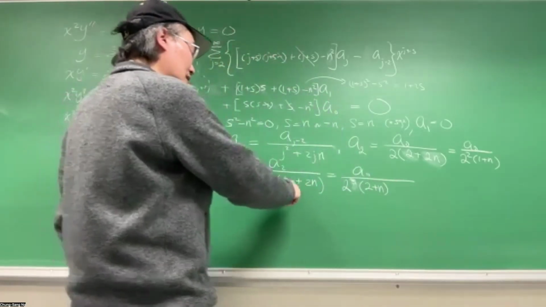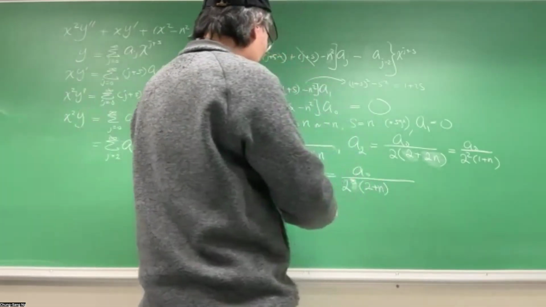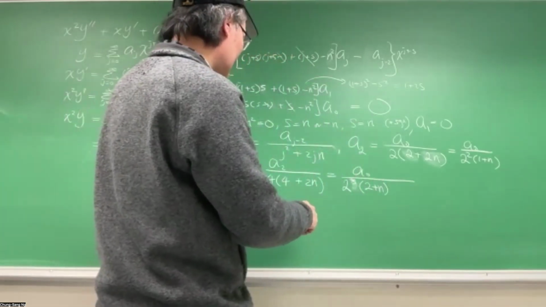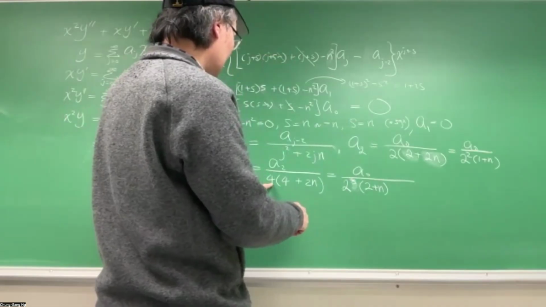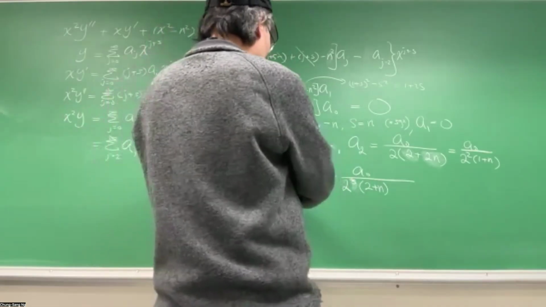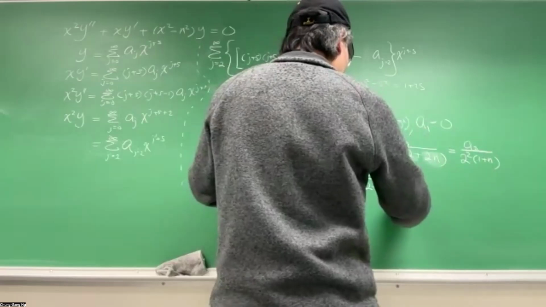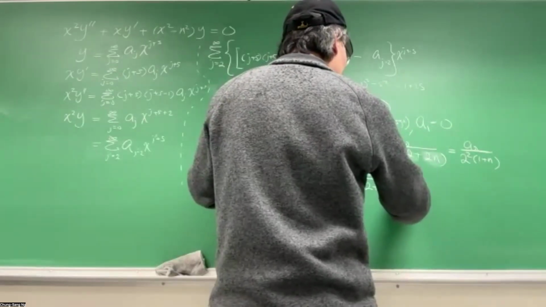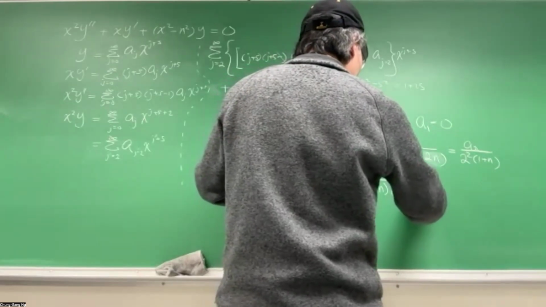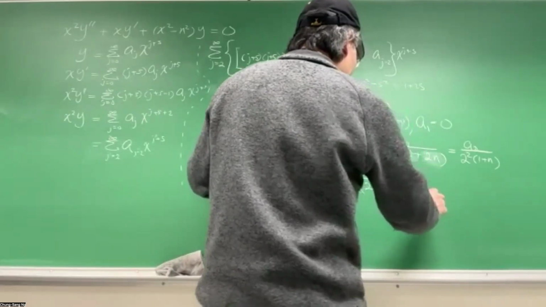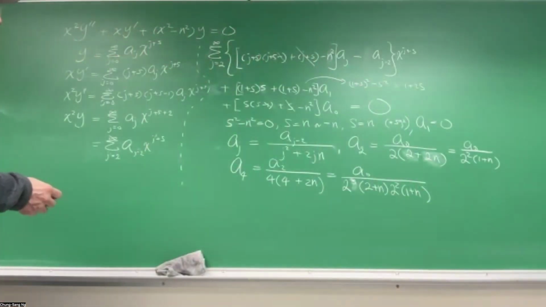Right, that is from here. But then you have another 2 to the 2. Yeah, this is from here, but then a sub 2 is this one. Another 2 to the 2 power times 1 plus n. Right.